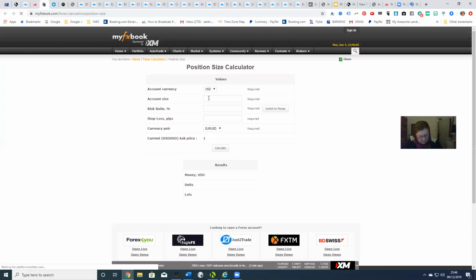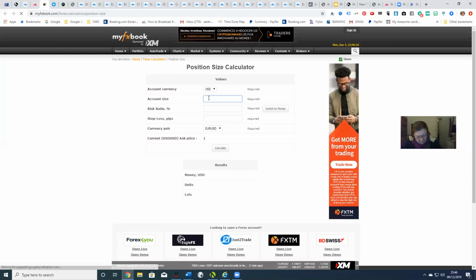Okay, USD, 500 in there, risk of 3%, stop loss of 40, currency pair Euro JPY. Now that tells us that we're going to be risking $15.